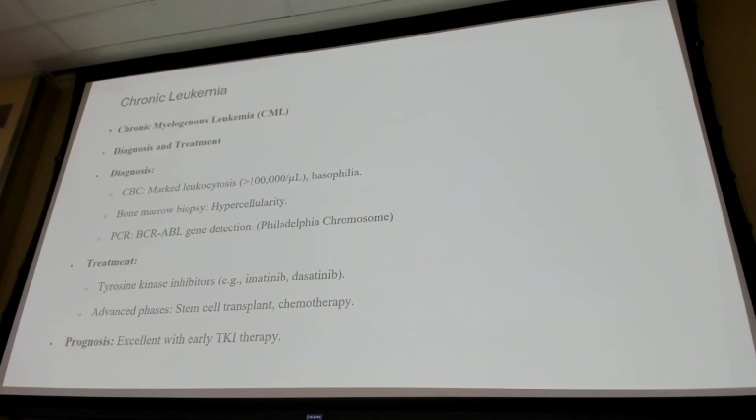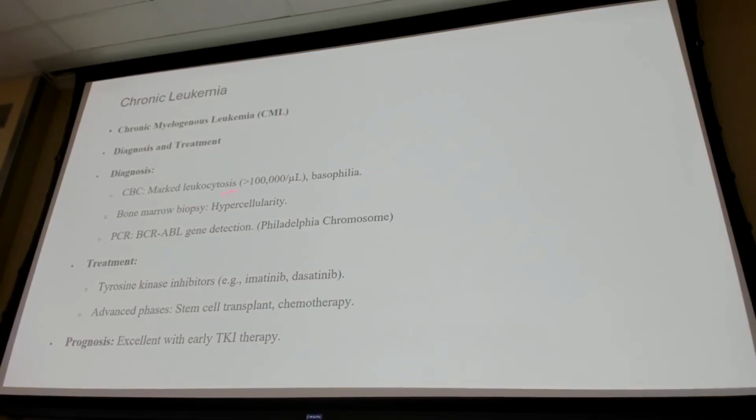CBC, marked leukocytosis. So somewhere usually 50 to 200-ish. So there you go, 100,000. Bone marrow, hypercellular. You have to do PCR testing to figure out that Philadelphia chromosome. Right, so specialized PCR testing.